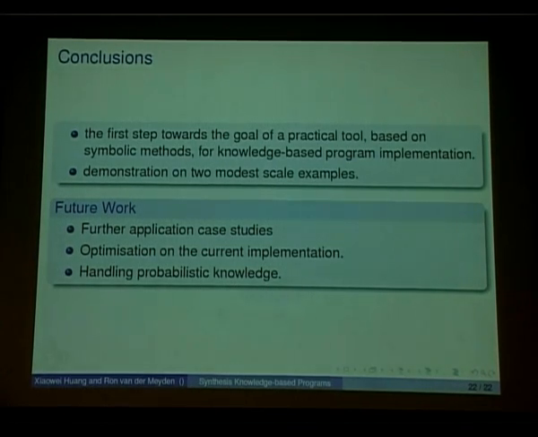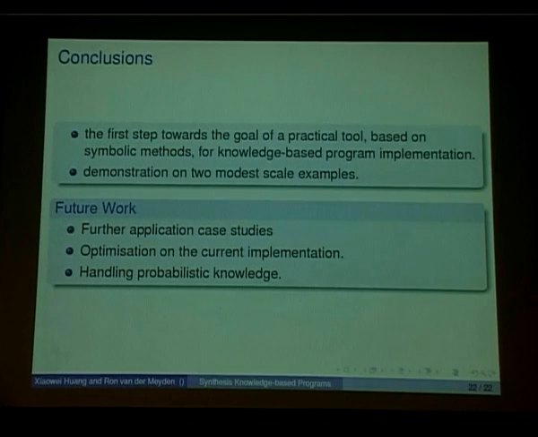For the future, here I just list some things that I can do right now. The first thing is that we can develop more applications. And I find that we can still optimize our implementation, which will probably give us another boost in performance.